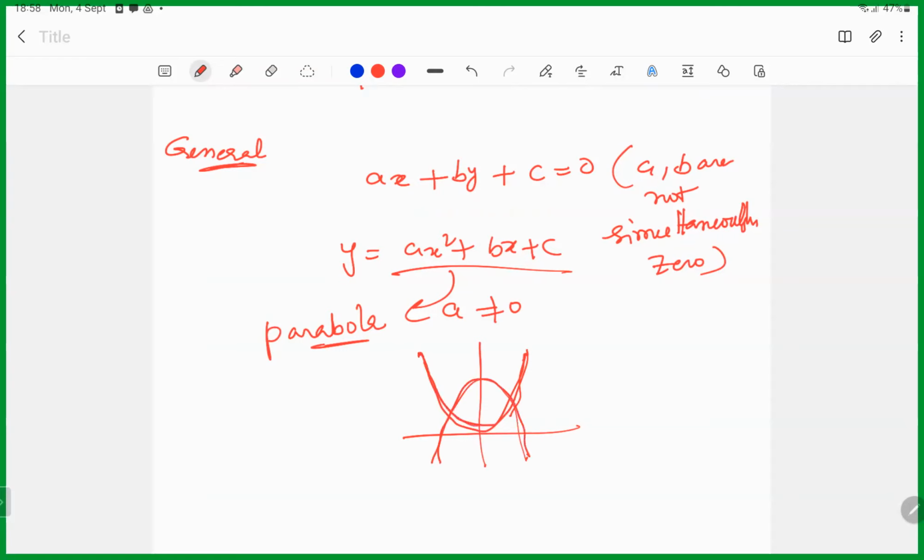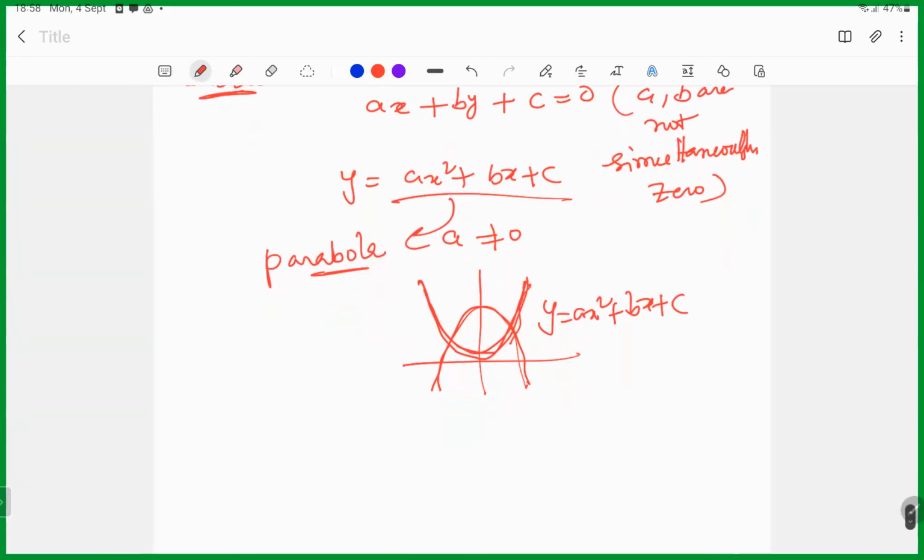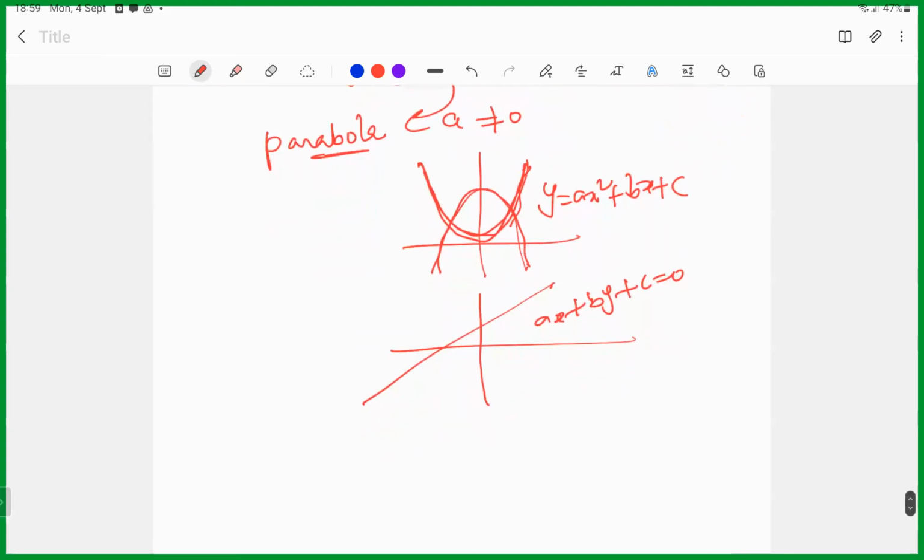This is y equal to ax square plus bx plus c. Ax plus by plus c equal to 0 will be like this. Right line. So coordinate geometry is nothing but studying the geometry of the figures.